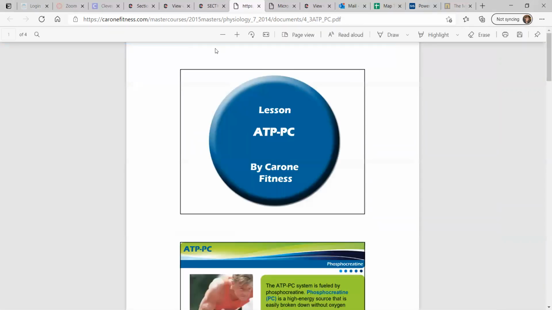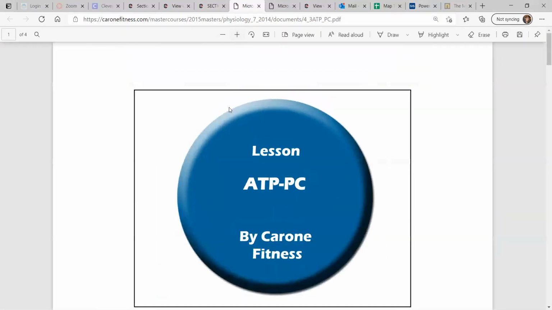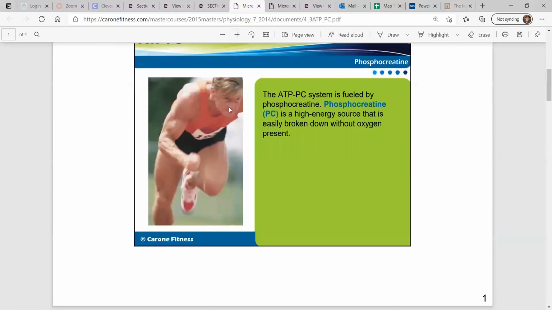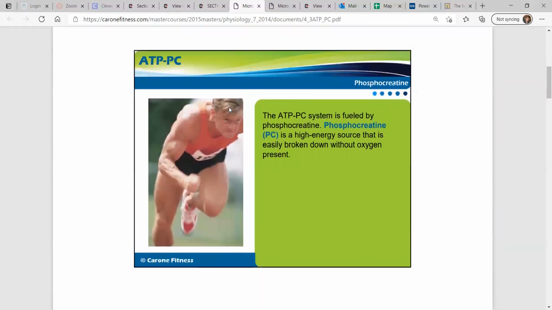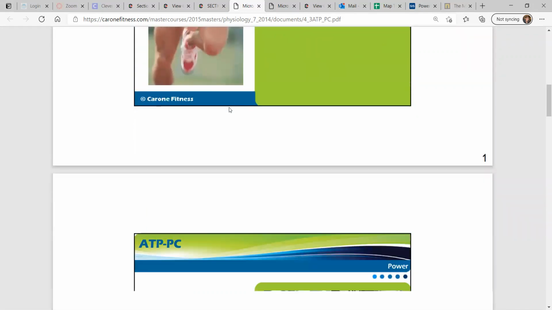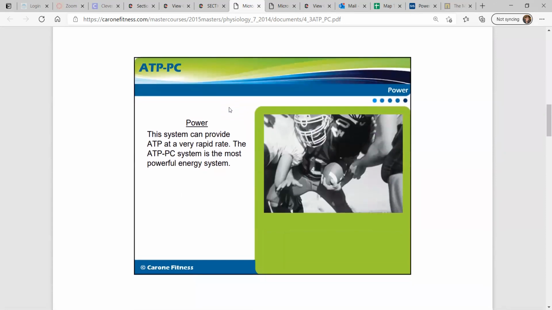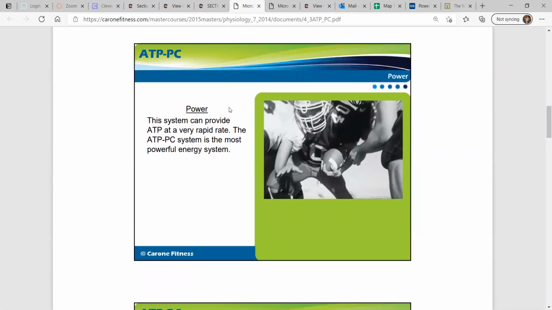Now let's look at the systems individually. We have the ATP-PC system. This is fueled by phosphocreatine, or PC. That is a high energy source that is easily broken down without oxygen present. Power: this system can provide ATP at a very rapid rate.